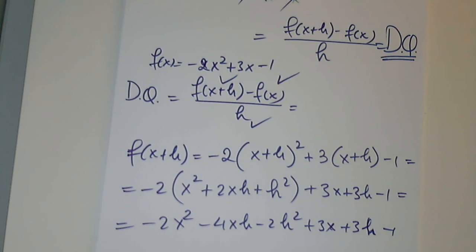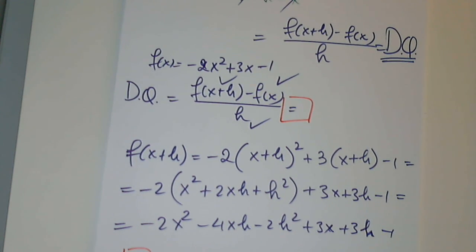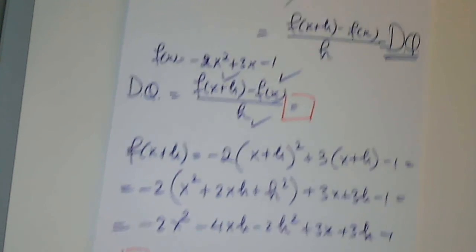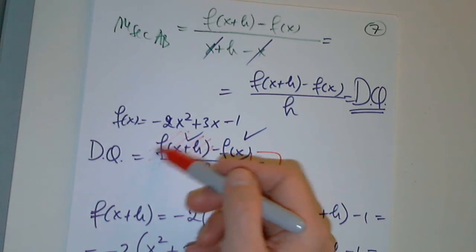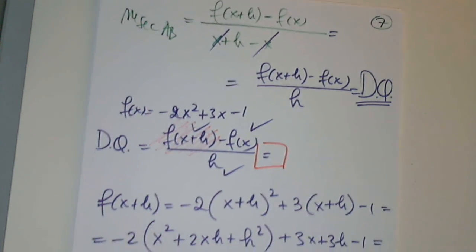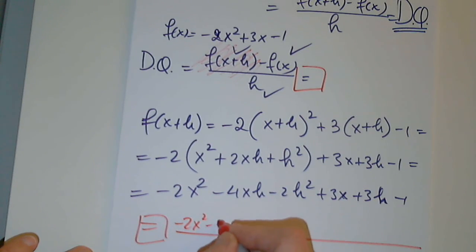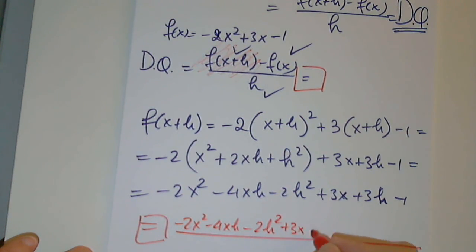Okay, ready? So now I will continue from here. You will learn very soon that I always run out of room. So that's no exception, of course. So instead of this, I'm going to put all this: negative 2x squared minus 4xh minus 2h squared plus 3x plus 3h minus 1.